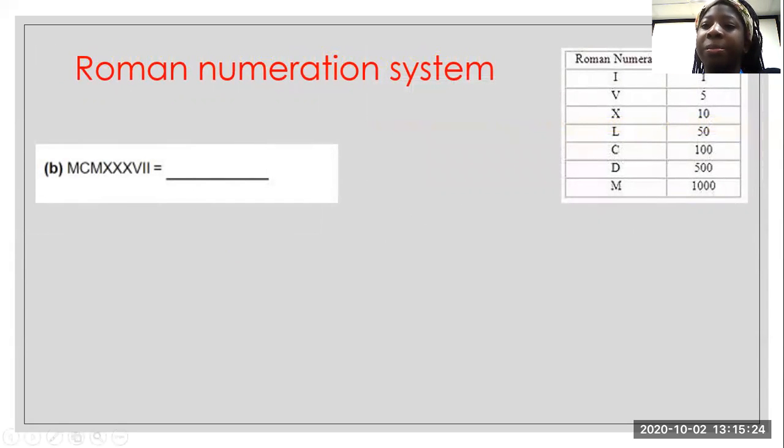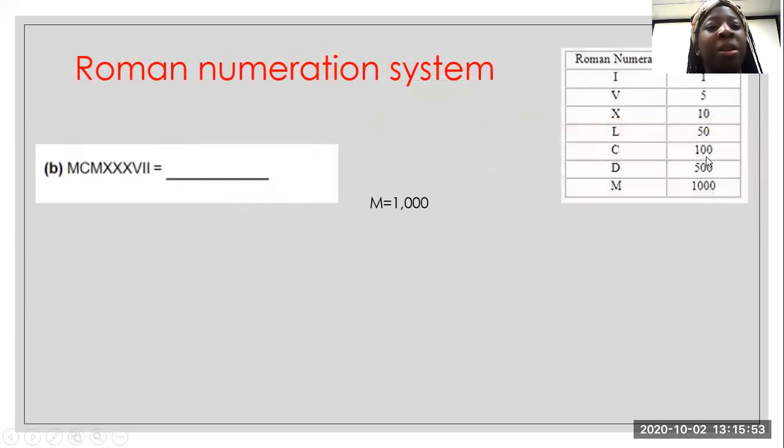Now, Roman system. With our Roman system, we'll have to look at the picture and then calculate it, like we did with our Egyptian. So first is M, and our M is 1,000. We just have 1, so it'll be 1,000. Next, we have CM. Now, most people will look at CM like 1,000 plus 100 because C is 100.